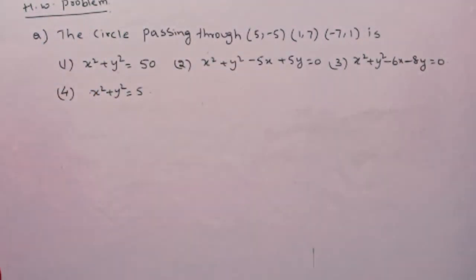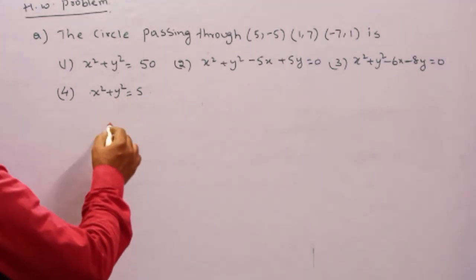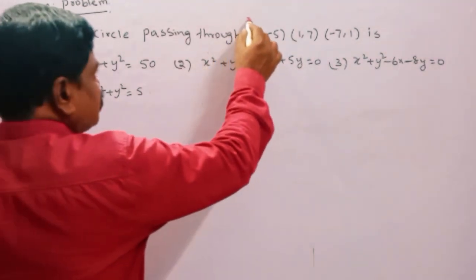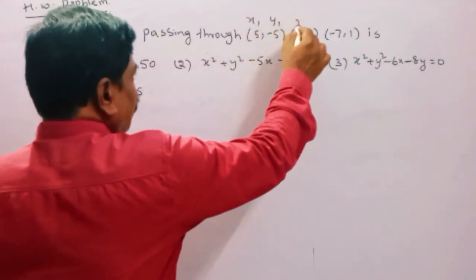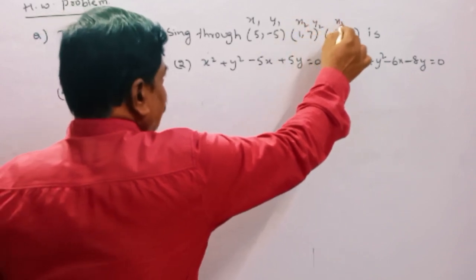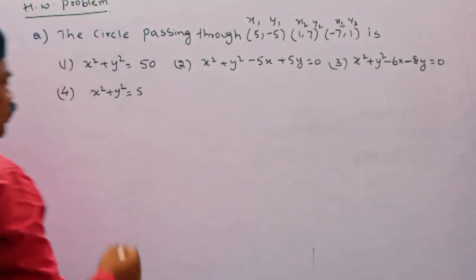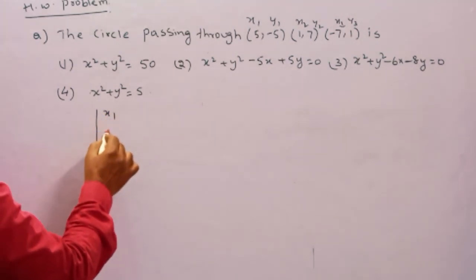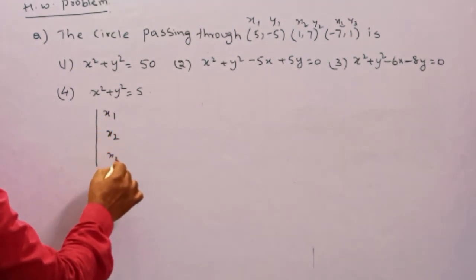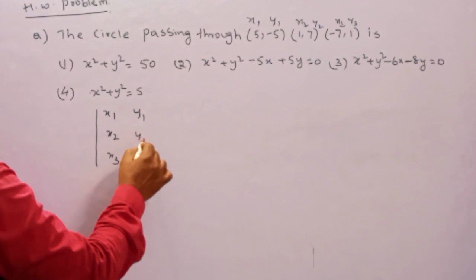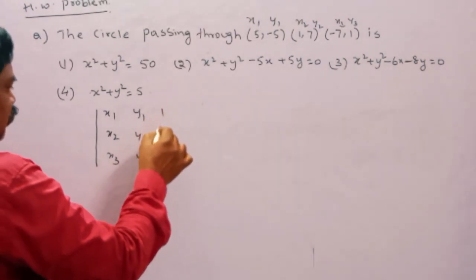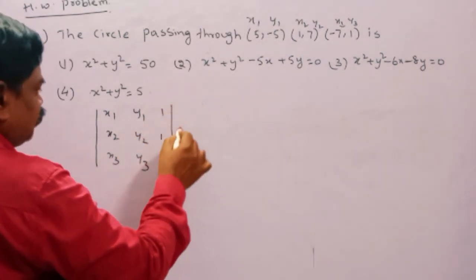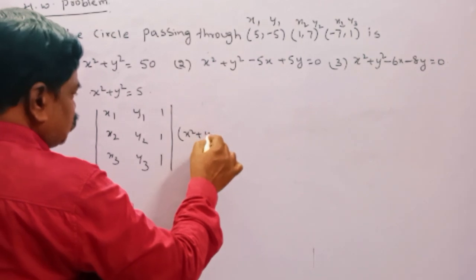So what is the formula for this one? This has x1, y1, x2, y2 and x3, y3. Then this is the determinant of x1, x2, x3, y1, y2, y3, 1, 1, 1 of x square plus y square.